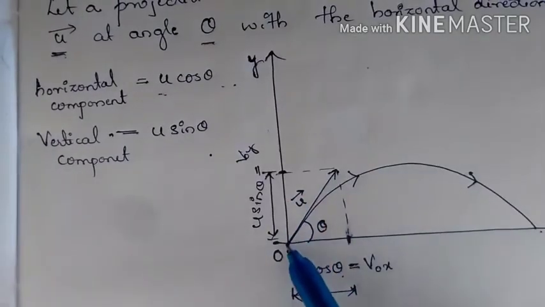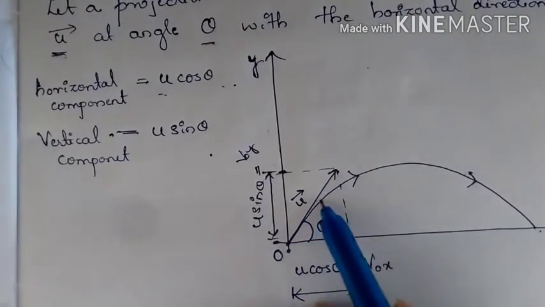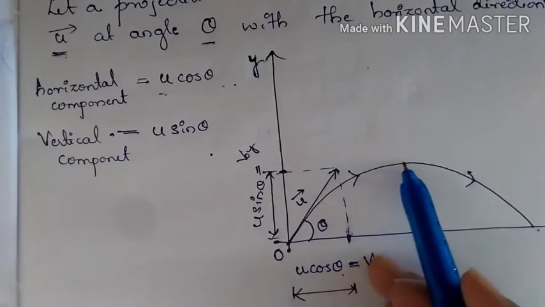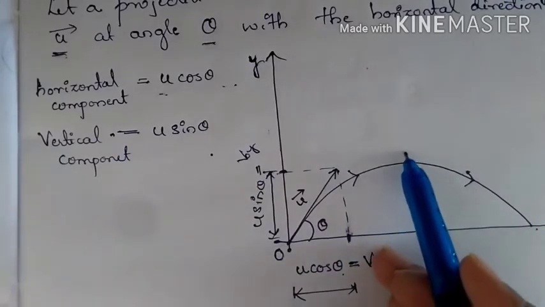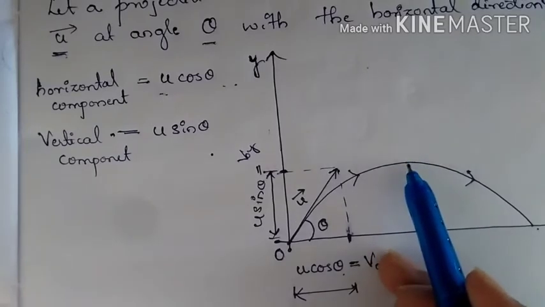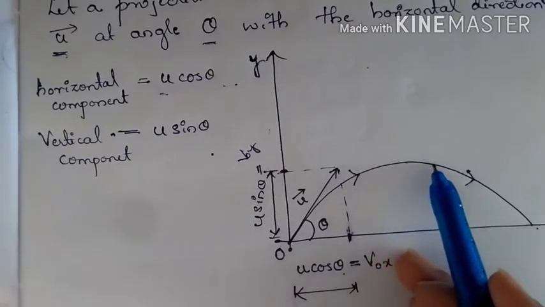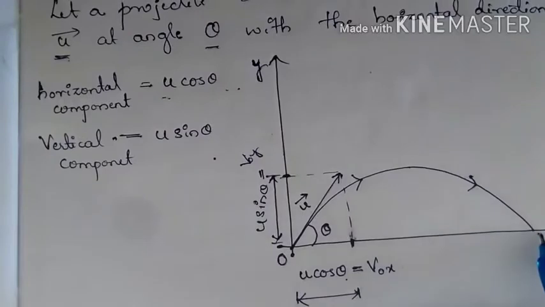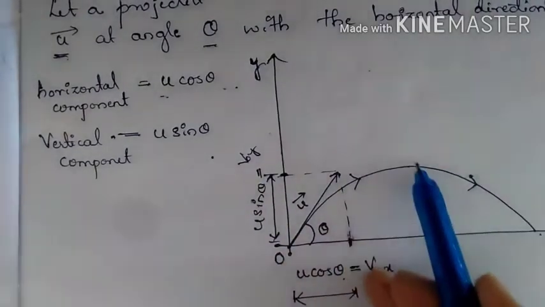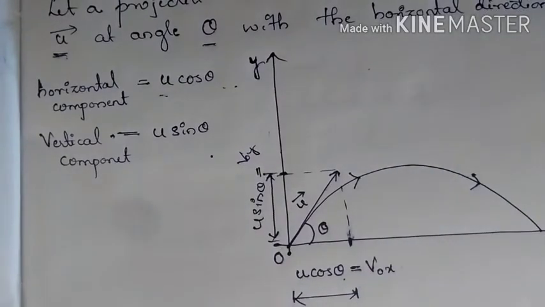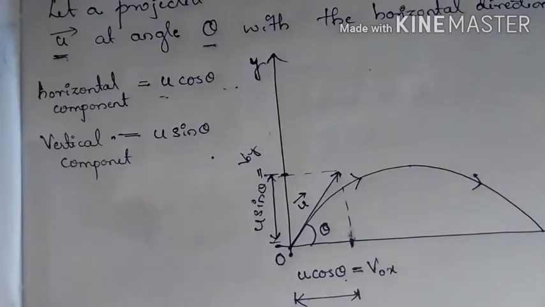Now if you observe, the projectile rises. At some point the velocity of the projectile will be equal to 0, and after this point it is moving in a downward direction. Why? Because at this highest point the projectile loses the vertical velocity.